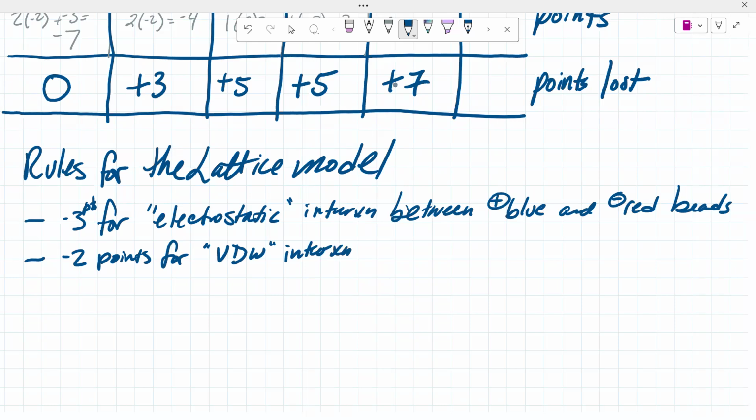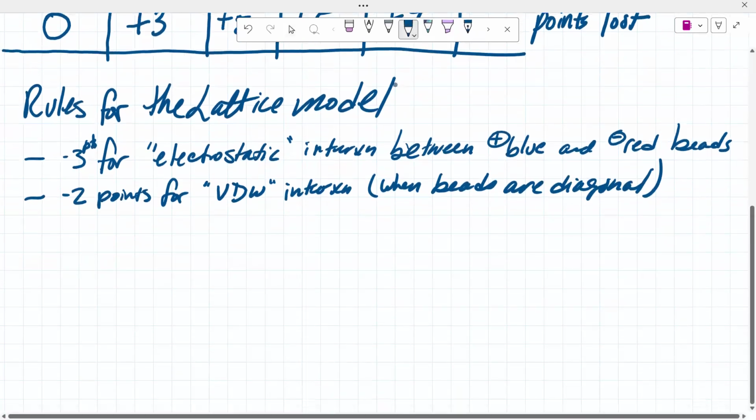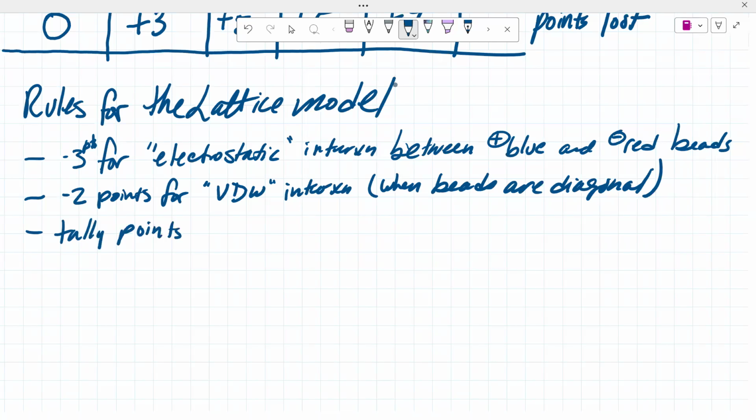That's when two beads are diagonal. Then what we do is we tally the points for each microstate.